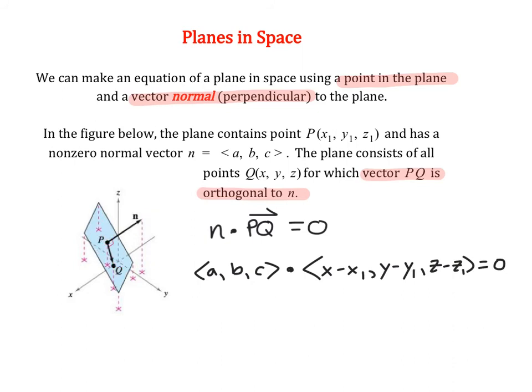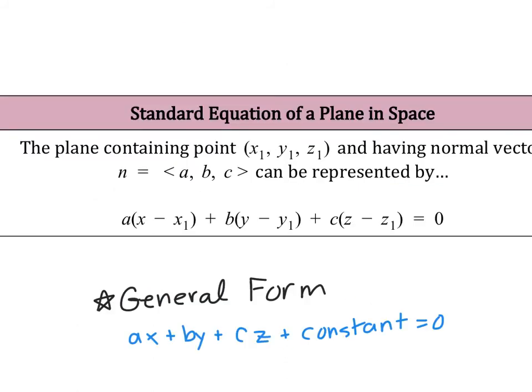So now we just have to actually take the dot product. Remember, we just multiply the corresponding parts of your vectors, and then we take the sum of those products. So we have a times x minus x1 plus b times y minus y1 plus c times z minus z1 equals 0. And this right here is actually the standard equation for a plane in space.